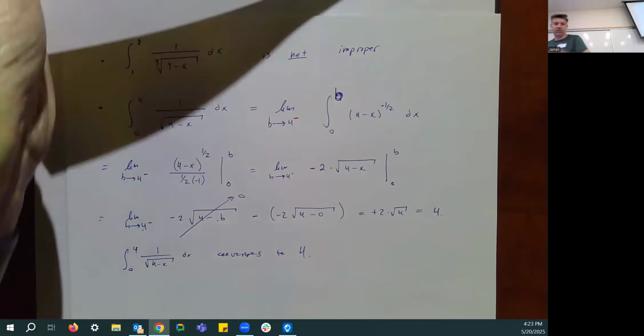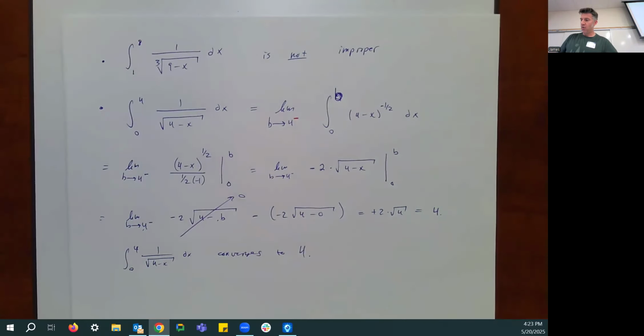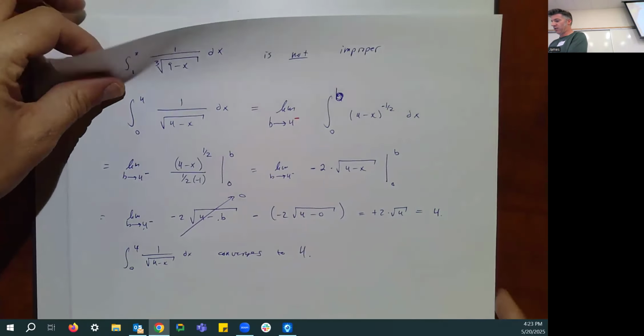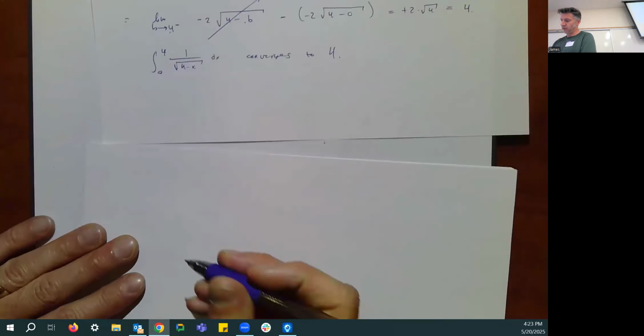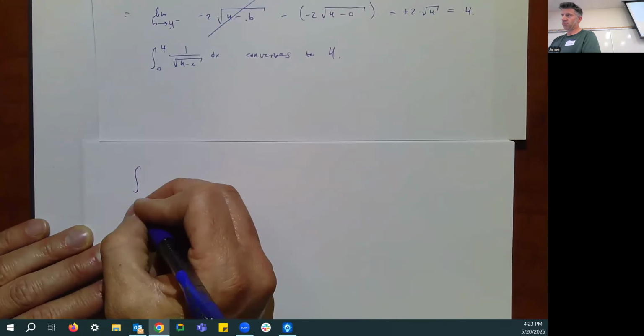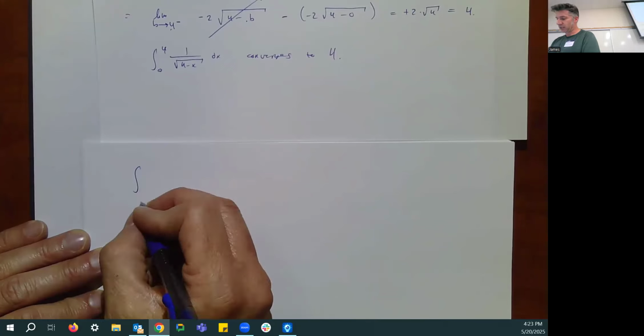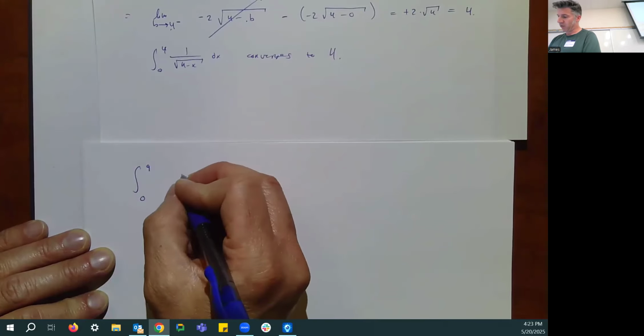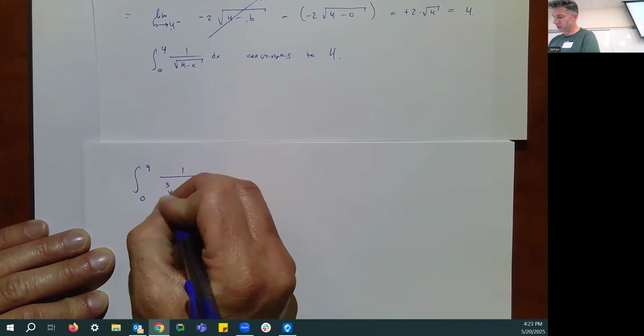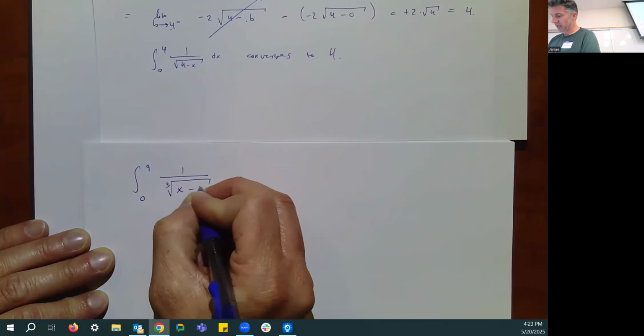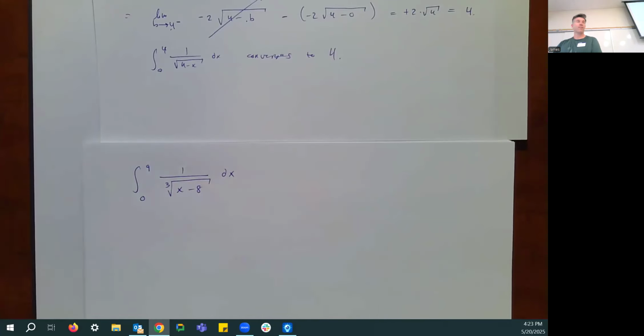So it has to be a function that's defined everywhere except for a couple points. An example of that, which I was trying to get at before, is the integral from 0 to 9 of 1 over the cube root of x minus 8, because unlike square roots, cube roots are defined if your input is positive or negative.